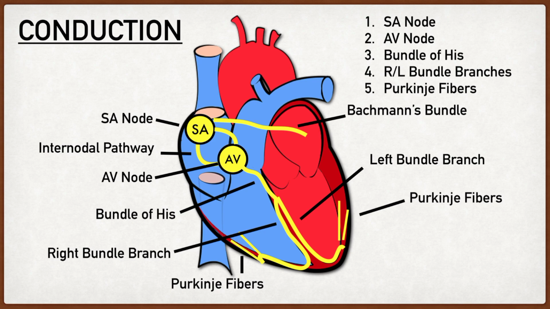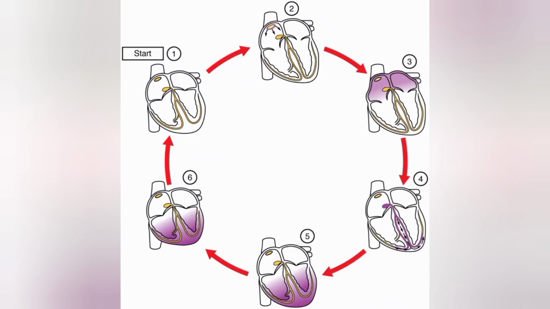The impulse travels the length of the bundles along the intraventricular septum to the base of the heart, where the bundles divide into the Purkinje fibers. From here, the wave of depolarization is distributed to the ventricular walls and initiates ventricular contraction, and the contraction process of the heart is completed. This whole process creates electrical activity.